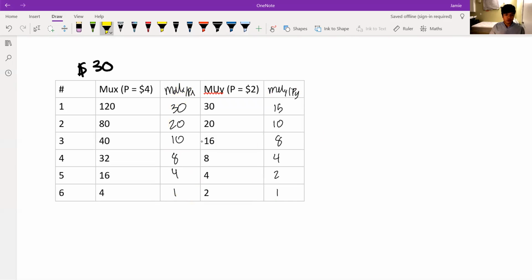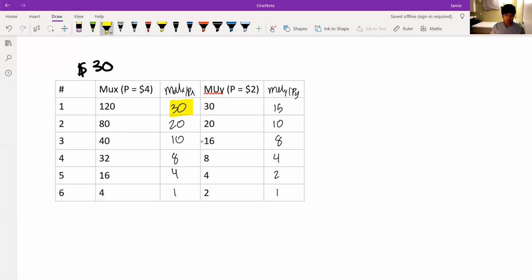If I want to spend my first few dollars as a rational person, what should I spend them on? I'll spend them on whichever good provides me the highest marginal utility per dollar. Good X will provide me that. So I spend my first dollars on good X. What's the next step?